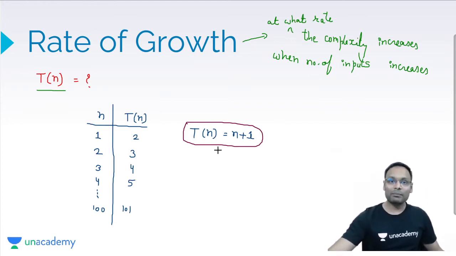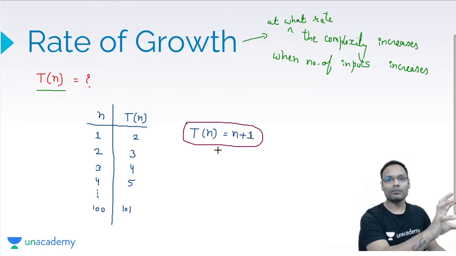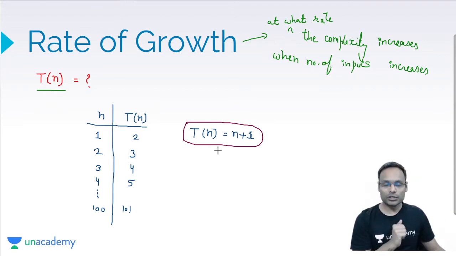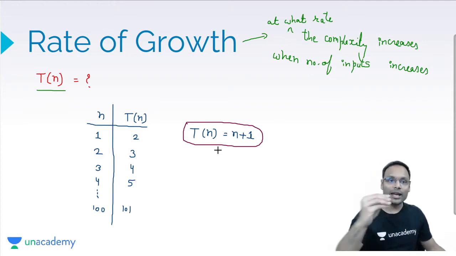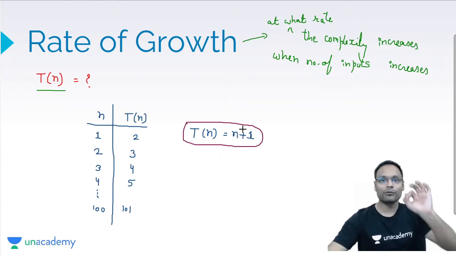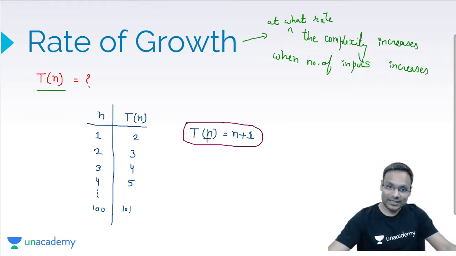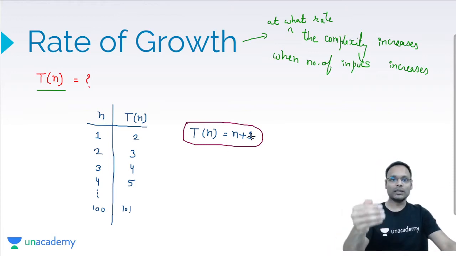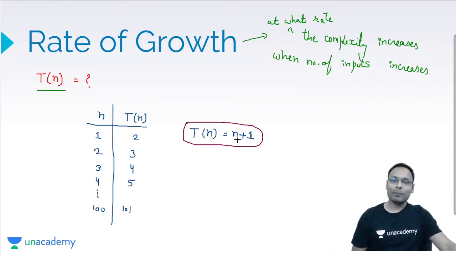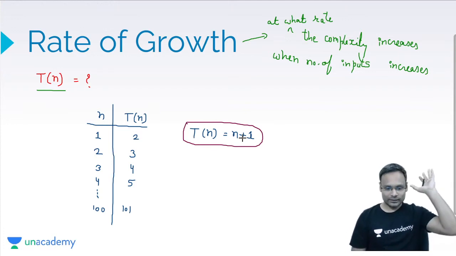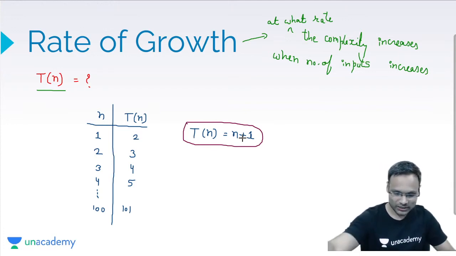I am not defining a concrete number of steps; my number of steps depends on the number of inputs. Hence, I have given the complexity in terms of n. So I have given a formula, a function, which gives the number of steps performed by the algorithm when n inputs are provided. I hope everyone understood this.